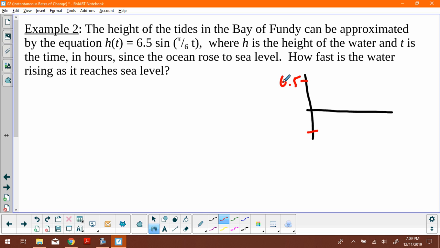Again, that's not super important for the rate of change. But right there's my rough sketch of my graph. It says, how fast is the water rising as it reaches sea level? So we could either use 12 as our target point, or we could use 0, which is pretty easy to work with, right? Or we could keep going, use 24, wouldn't really matter. But for the sake of keeping it easy, let's use 0.